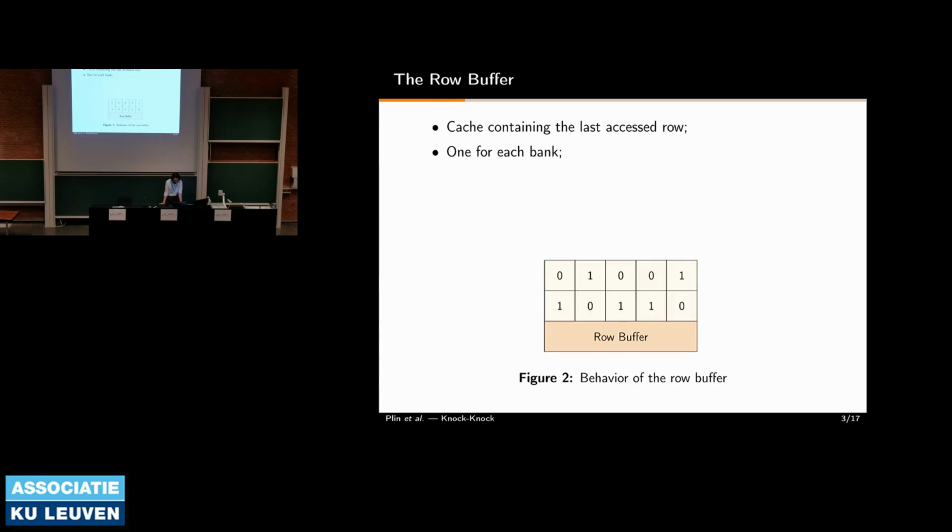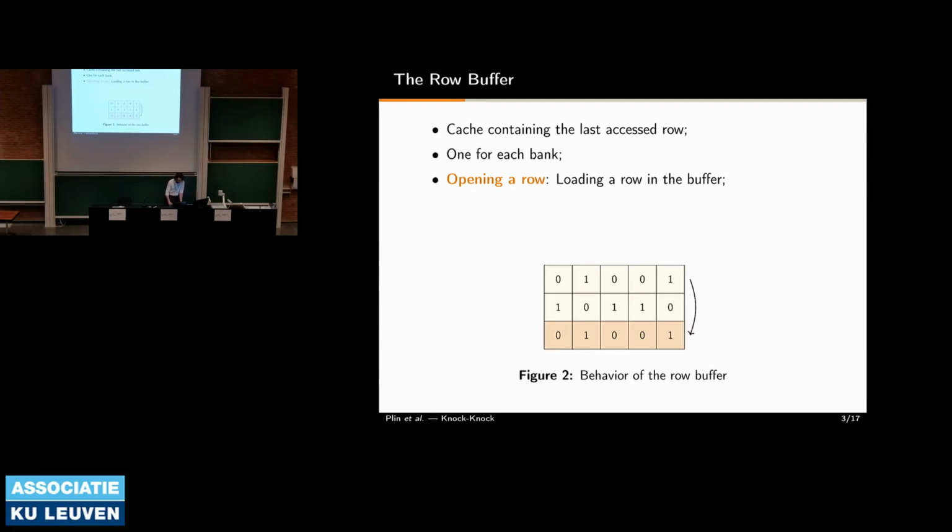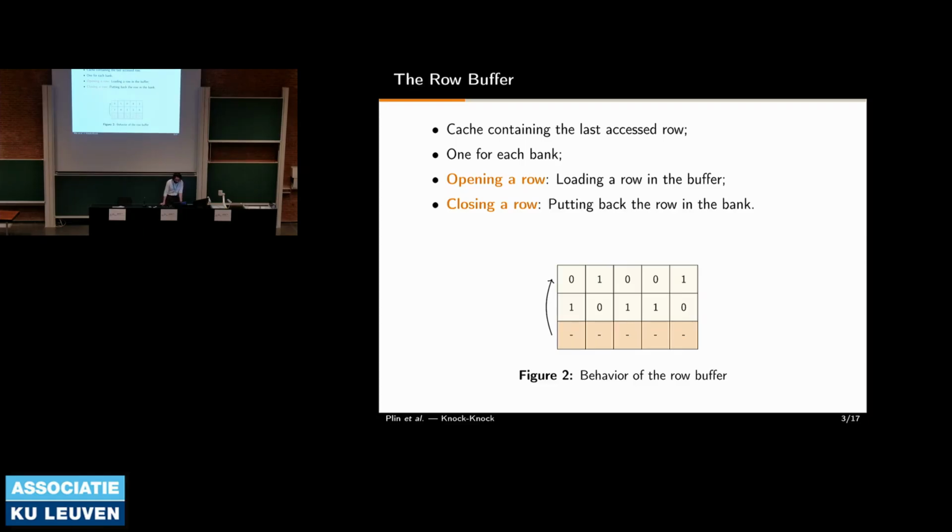Inside of each bank, there is a circuit called the row buffer, which serves as a cache that contains the last accessed row of the bank. And so opening a row means loading a new row inside of the buffer. And closing a row means putting back the data that was inside of the row buffer back into its original place in the bank.